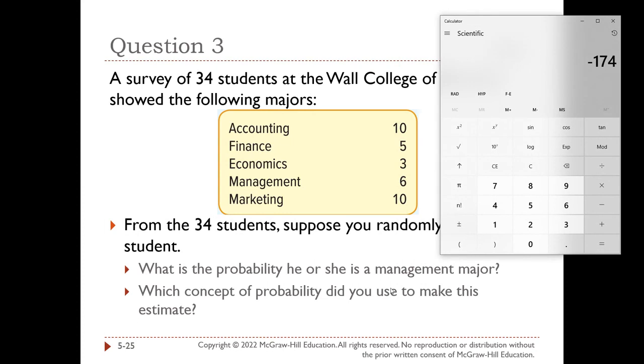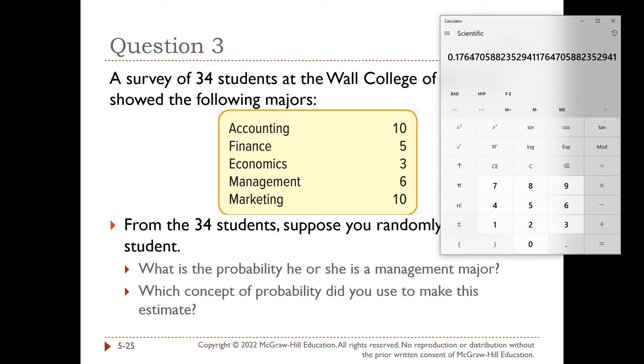So when we calculate and try and figure this out, since we're looking at management, the probability of picking 6 managers out of the 34 possible outcomes is going to be a long decimal. Again, do whatever Connect says on rounding.